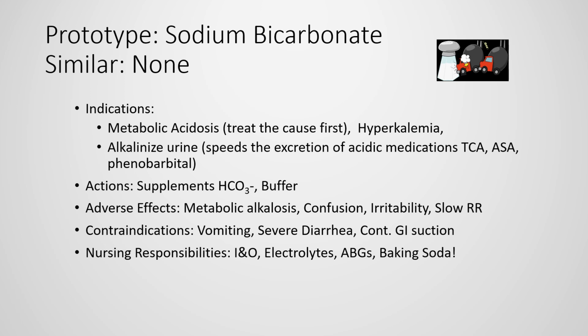It's still going to come back out if we stop giving these drugs. So what we really want to do is flush the potassium out with IV fluids, and sometimes even with diuretics to get the potassium out in the urine, and also correct the underlying condition that's causing the hyperkalemia.